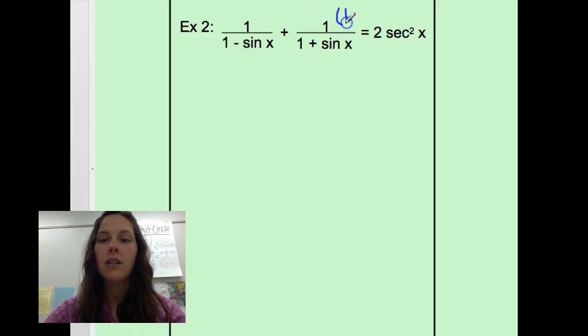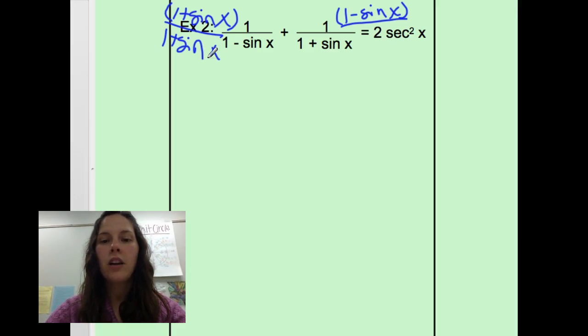Next we have two fractions, so I'm going to get a common denominator, which would be both of these denominators multiplied. So I'm going to multiply this by 1 minus sine x over 1 minus sine x. Running out of room, so I'm not going to multiply the whole thing. And this one will be multiplied by 1 plus sine of x over 1 plus sine x.